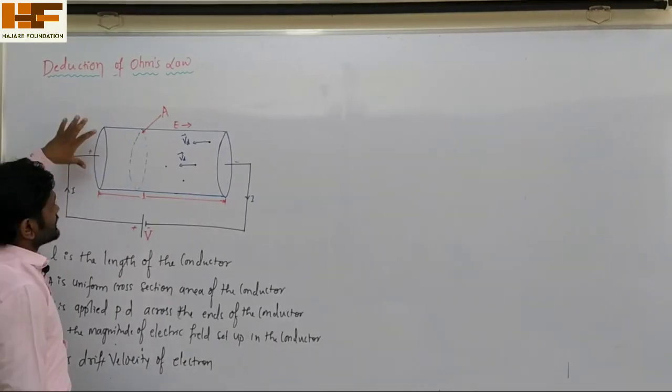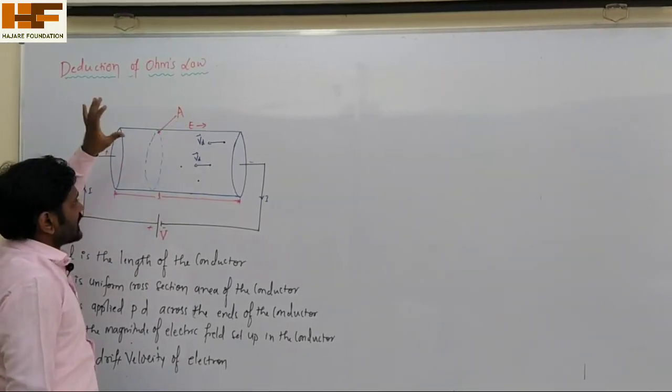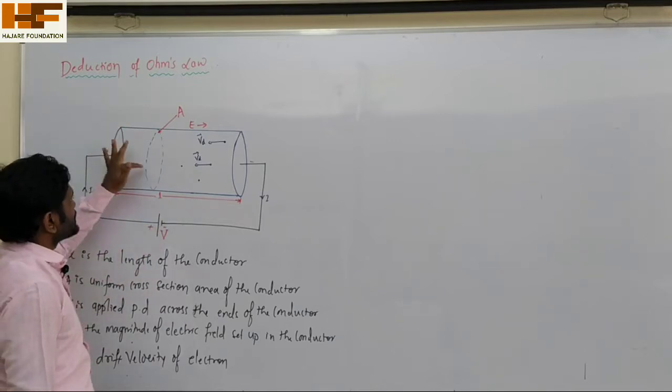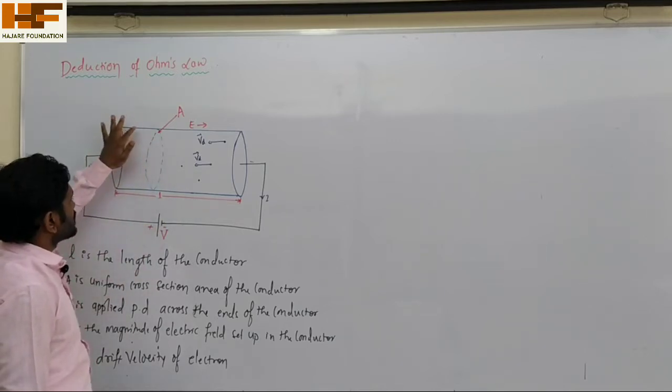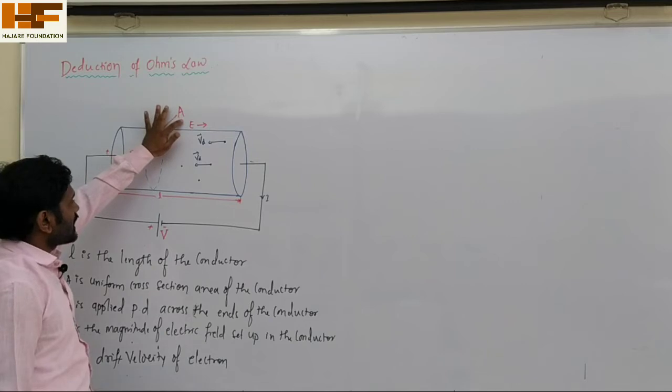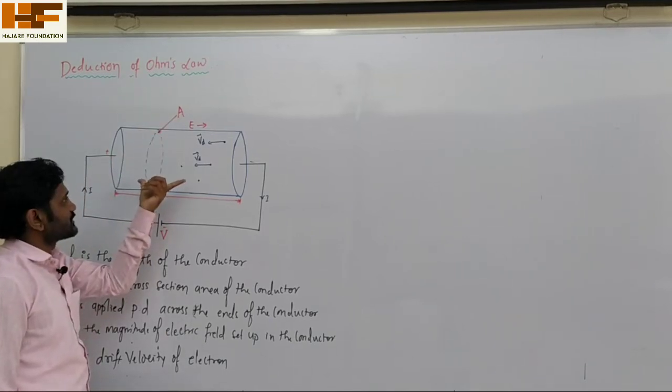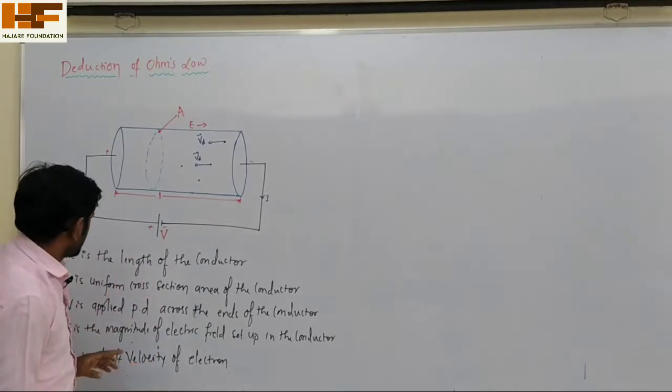Here again, let us consider a conductor having length L and uniform area of cross section A, and V is the potential difference applied across the ends of the conductor.